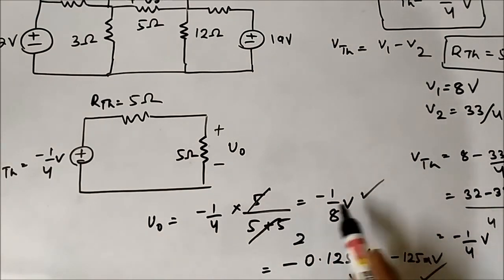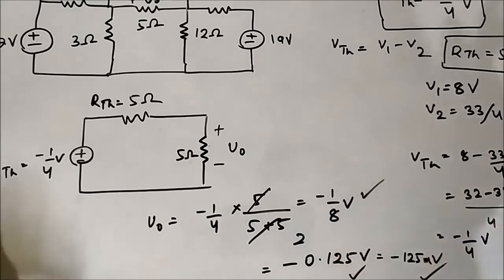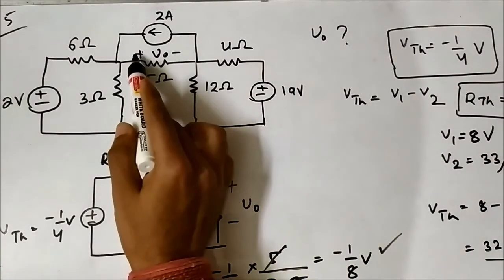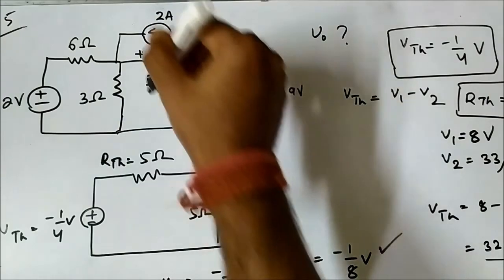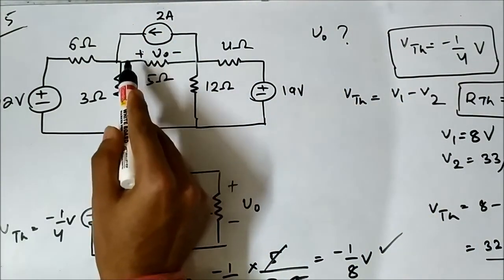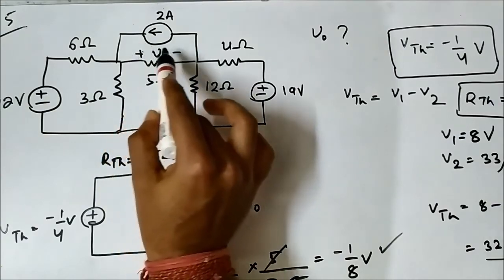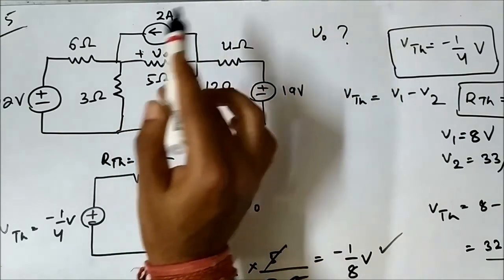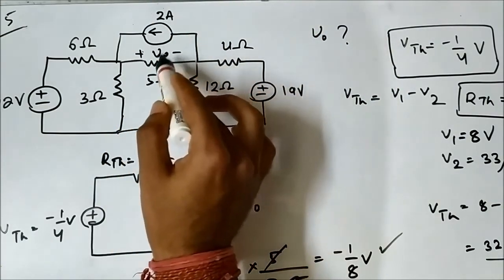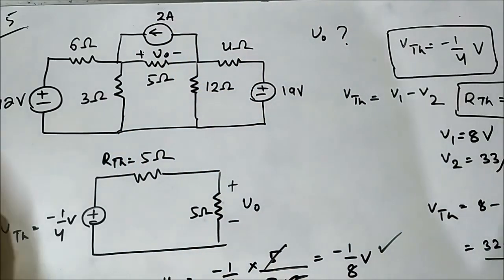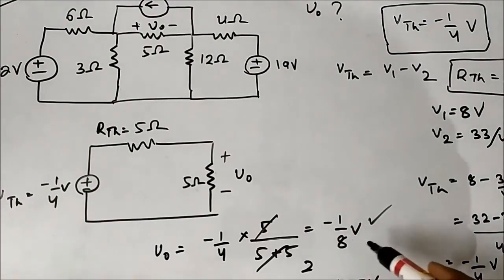So here the minus sign means the polarity here is assigned in this way, plus minus. With respect to this polarity which is assigned in the question, there is a reason why the polarity has been assigned in the question. As per this polarity, the voltage drop is minus 1 by 8 volt.